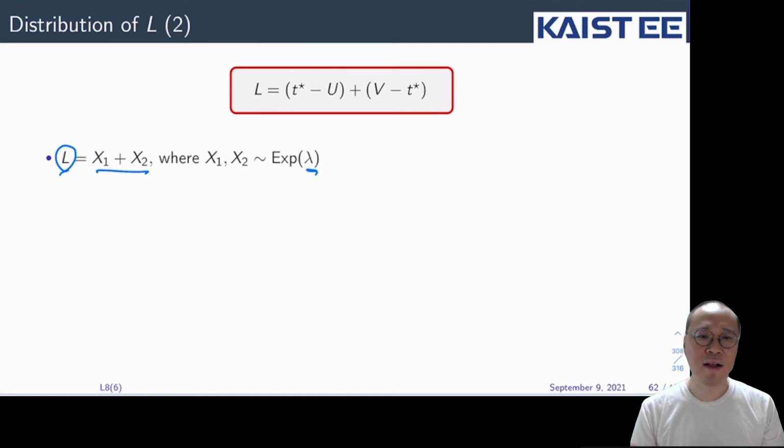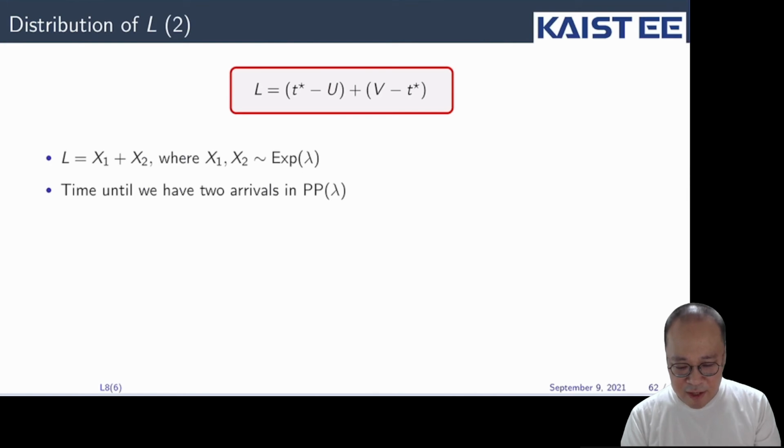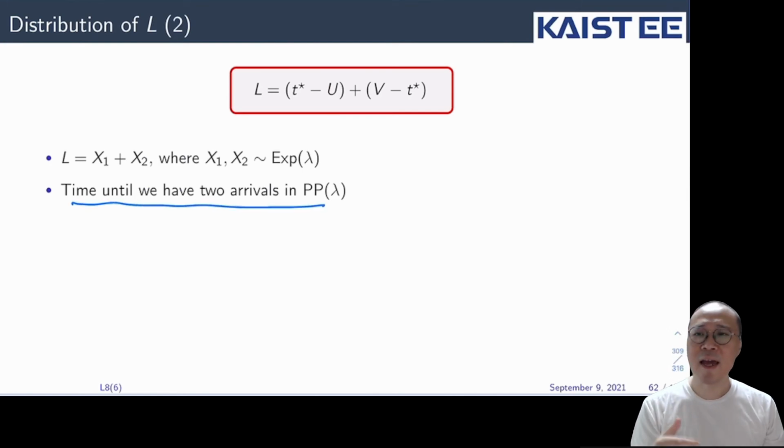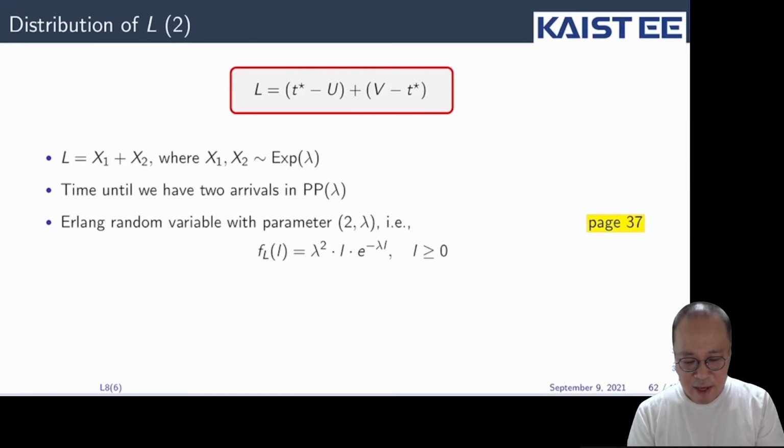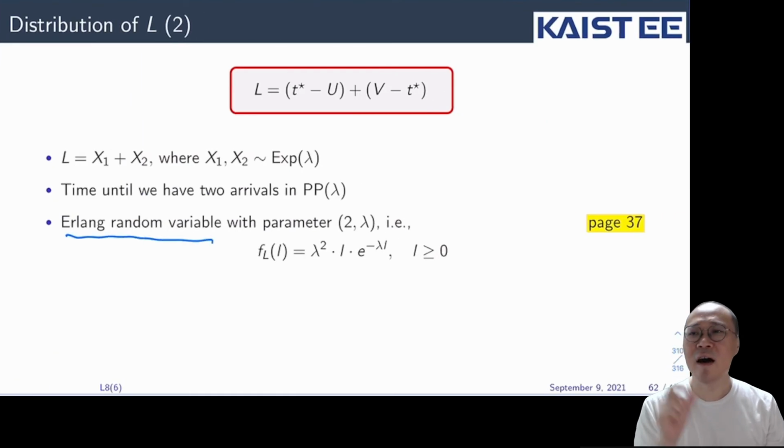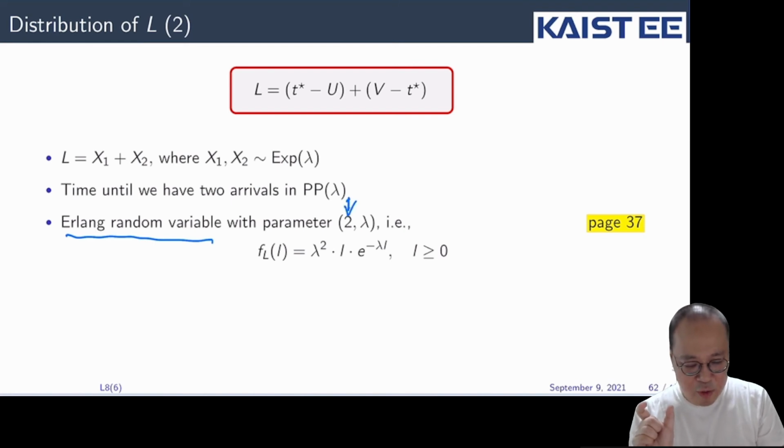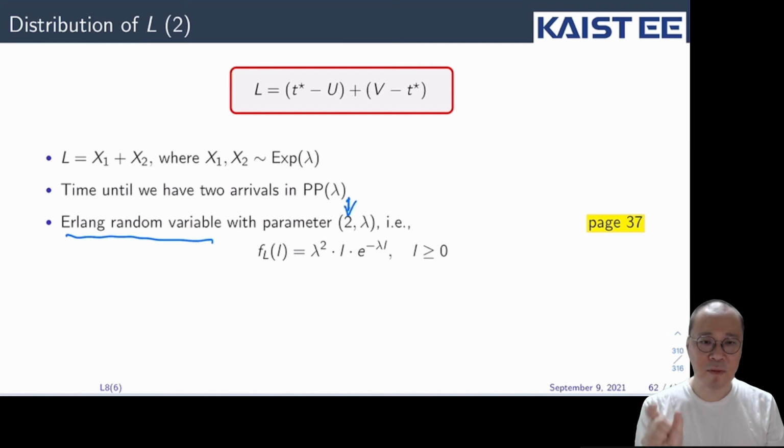And we know how L is distributed, right? In the Poisson process, the summation of two exponential random variables is equal to what? The time until we have two arrivals. We have already studied the time until we have k arrivals in the Poisson process, and that follows the Erlang random variable with parameters 2 comma lambda.